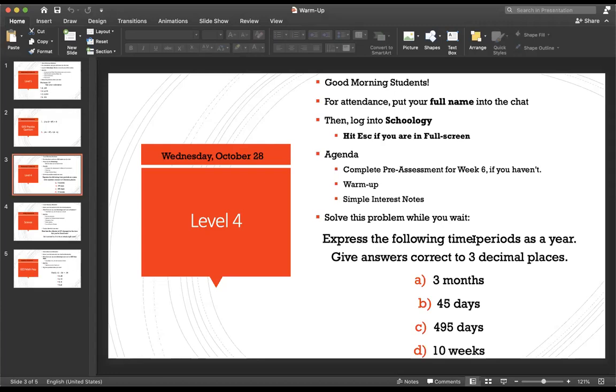Express the following time periods as a year and give answers correct to 3 decimal places. So all of these are parts of a year, right? They're not complete years exactly. So how would we represent these time periods as a year?